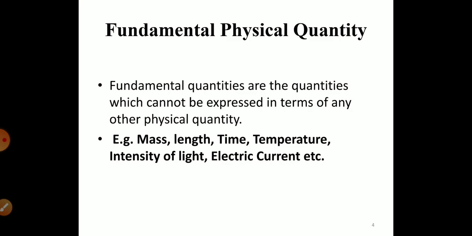The unit of a physical quantity that does not depend on the unit of any other physical quantity is called a fundamental dimension. If a physical quantity depends on the unit of other physical quantities, it is called a derived or secondary dimension.